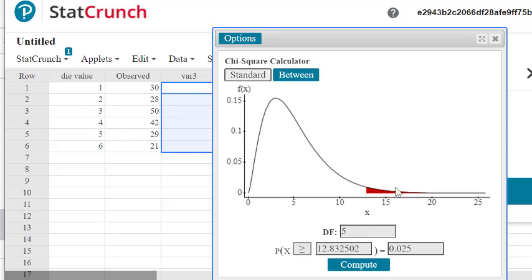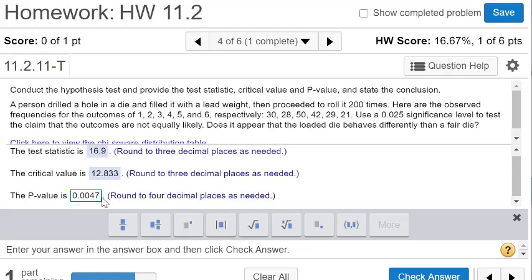So if your test statistic falls in the critical region, then you're going to reject the null hypothesis. Okay? So that is equivalent to comparing your p-value with the significance level.